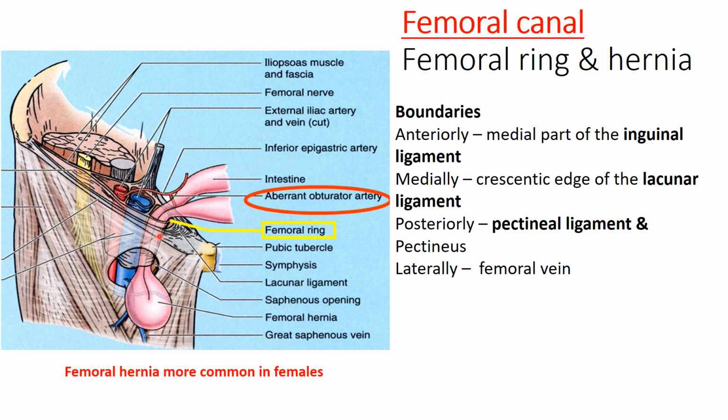Medially is the concave edge of the lacunar ligament lying in this gap. Posteriorly is the pectineal ligament, and beneath that is the pectineus, and laterally is the femoral vein.